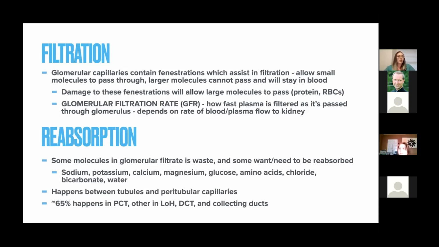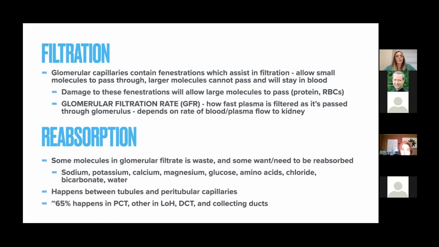So there are some molecules in the filtrate that are waste, and some that we want or need to be reabsorbed back into our system. And so that could be a variety of things. We have our electrolytes, our sodium, potassium, chloride, calcium, magnesium, glucose, some amino acids, bicarb, and obviously water.